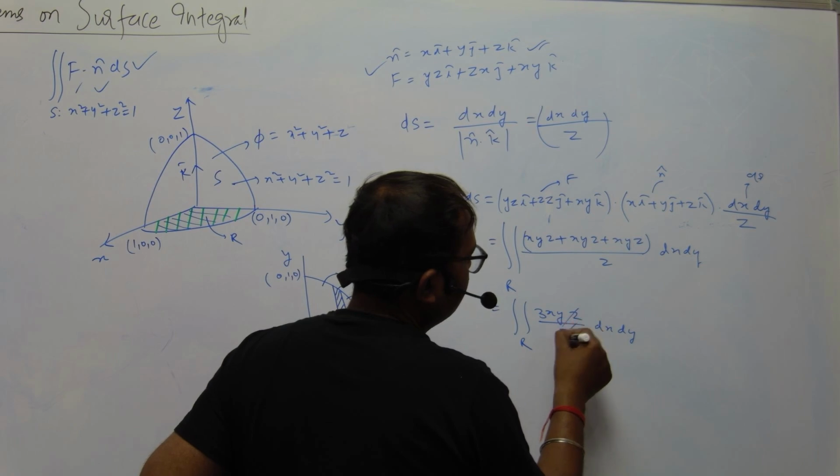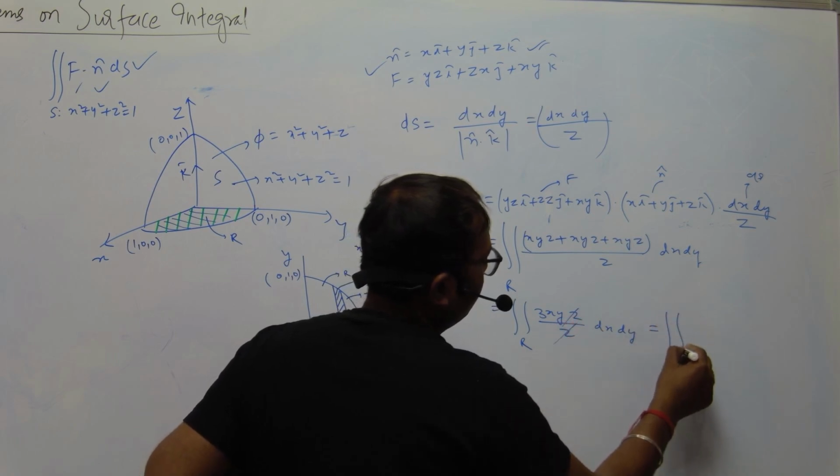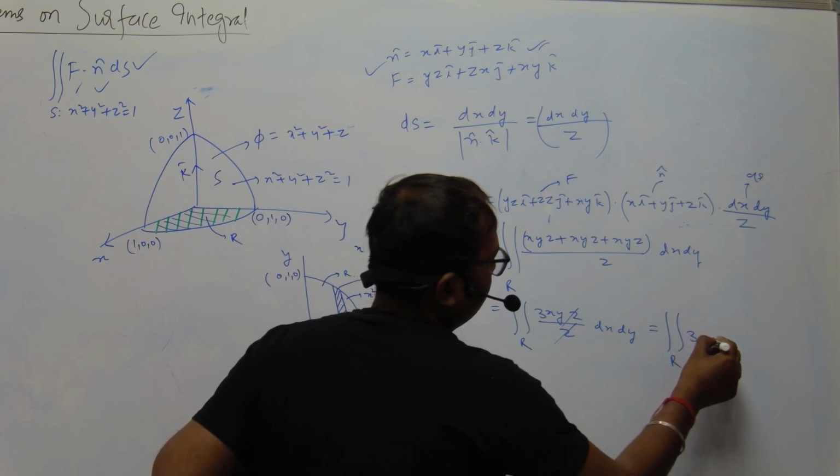Z gets cancelled, equal to the double integration along the region R of 3xy dx dy.